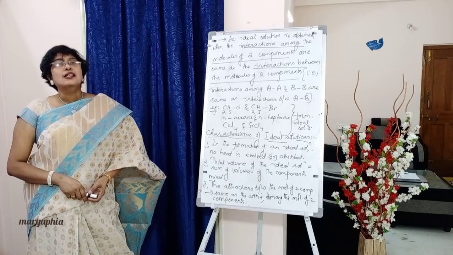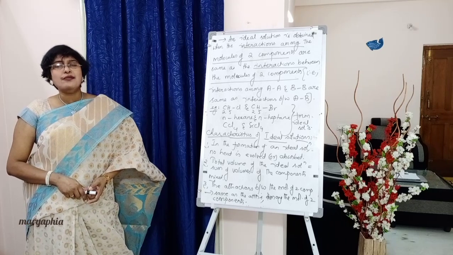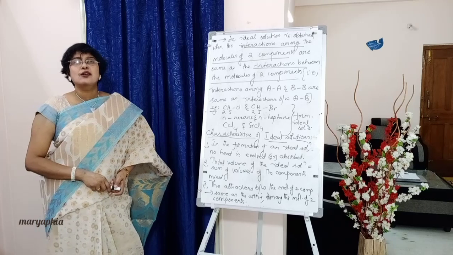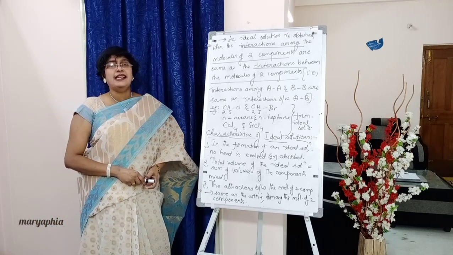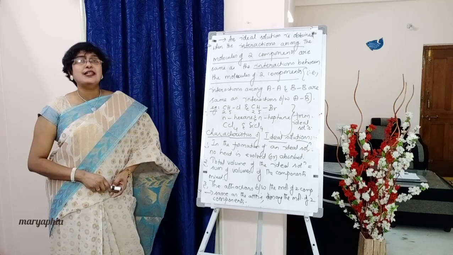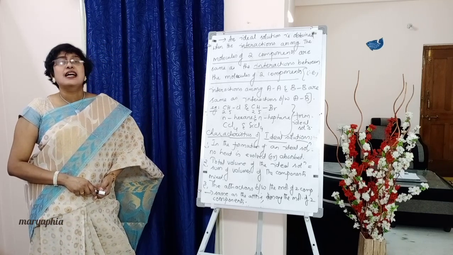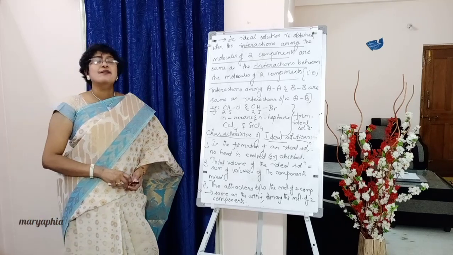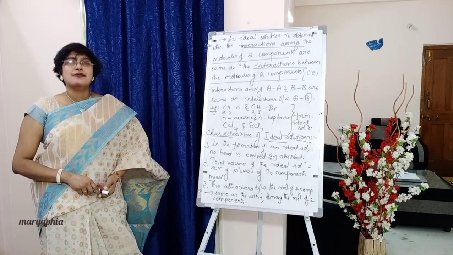Fine. Now we have seen what Raoult's law is, and next we are going to see how an ideal solution can be obtained. An ideal solution can be obtained when the interactive forces among the molecules of two components are exactly the same as the interactions or attractions between the molecules of two components.